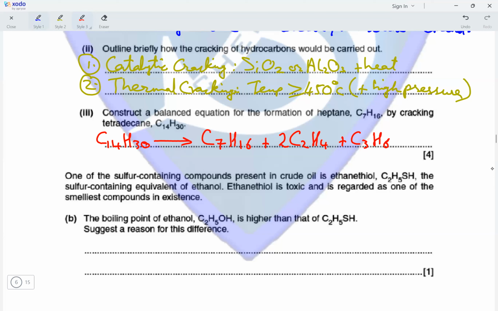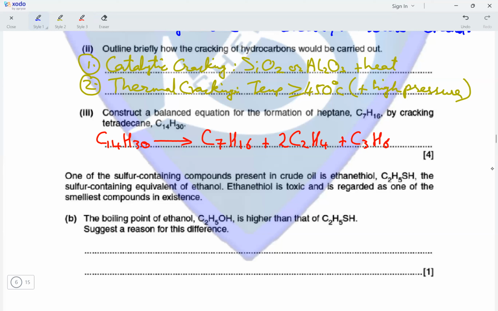So ethanol contains the OH group, which can form hydrogen bonding, the strongest intermolecular force in existence. So the amount of heat required to overcome hydrogen bonding would be greater than the amount of heat required to overcome the intermolecular forces in ethane thiol, which would be the dipole-dipole attraction.